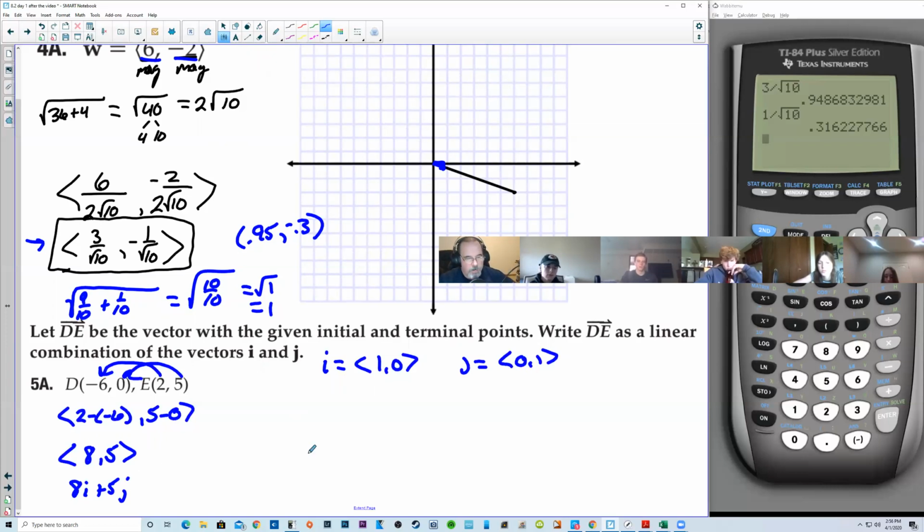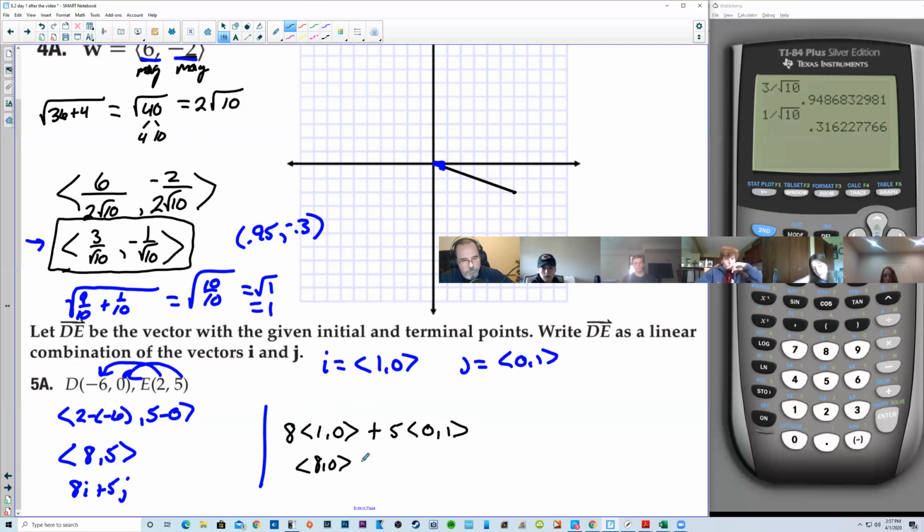But why? So here's the why. I'll do a different color because you don't have to do any of this. It's 8 times 1, 0. There's the i. And then plus 5 times 0, 1. That's the j. Well, the way you do the operations on this, it's like the distributive property. So if we multiplied 8 times 1, 0, that'd be 8, 0.